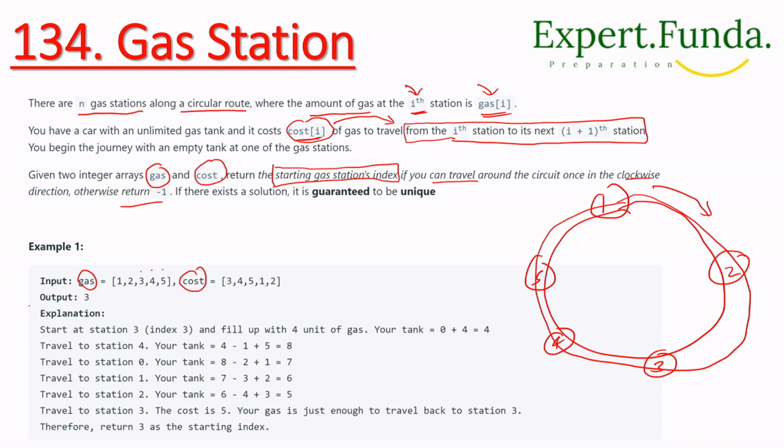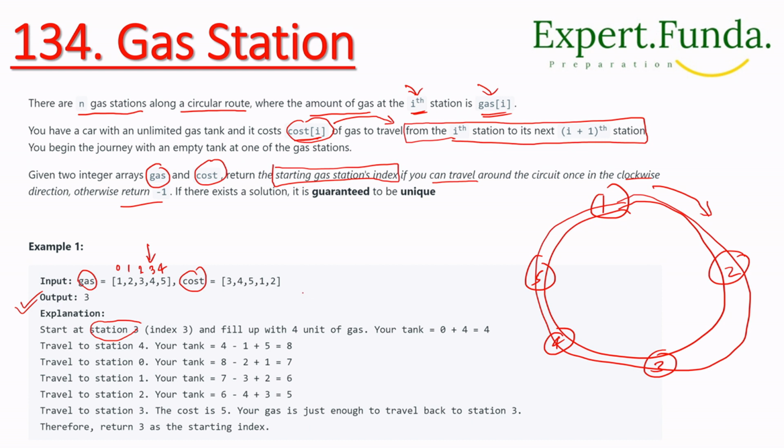Two things are already given. Now what we have to do is find out the answer. How? Let's assume that we are at station 3, which means index 3, with indices 0, 1, 2, 3, 4, so we are here.